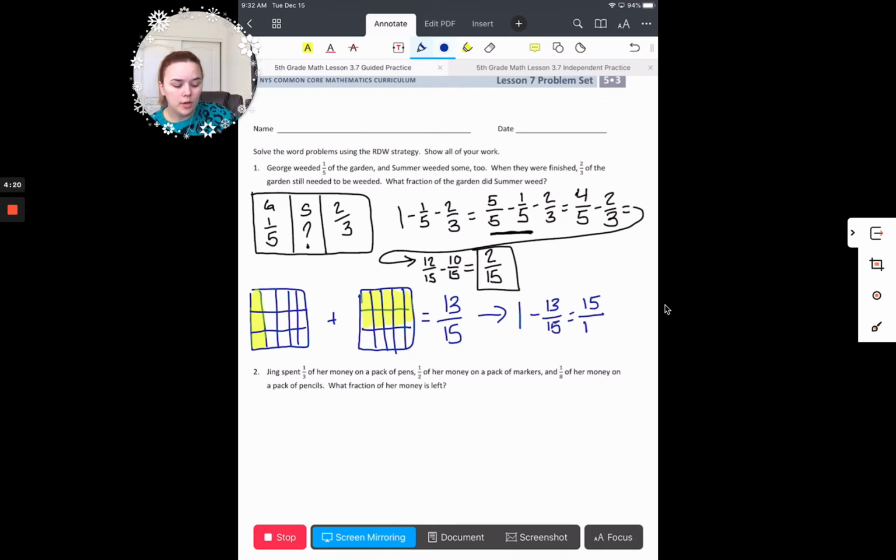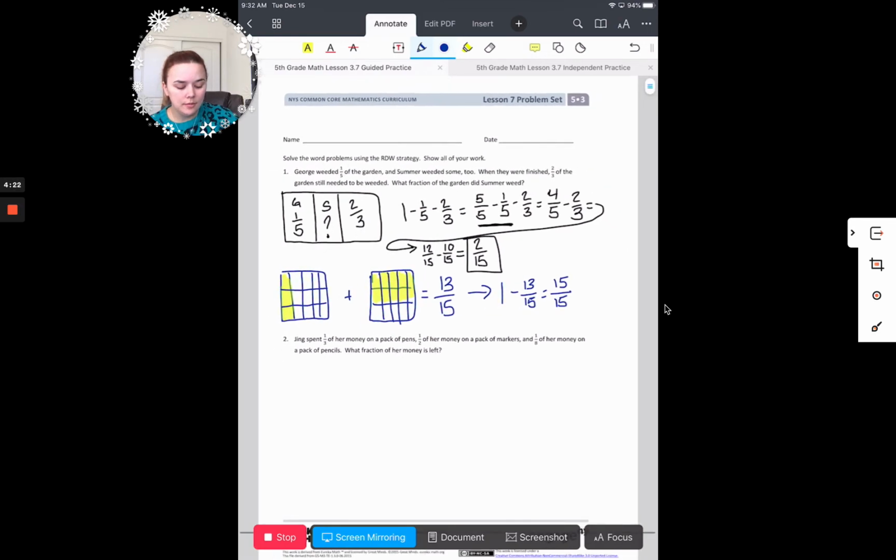So if we think of 1 as being 15/15, we subtract our 13/15, then we get our 2/15 that Summer weeded. So there are two different ways that you can solve these problems. You can subtract just using the numbers, or you can use the boxes. Let's take a look at the next problem.